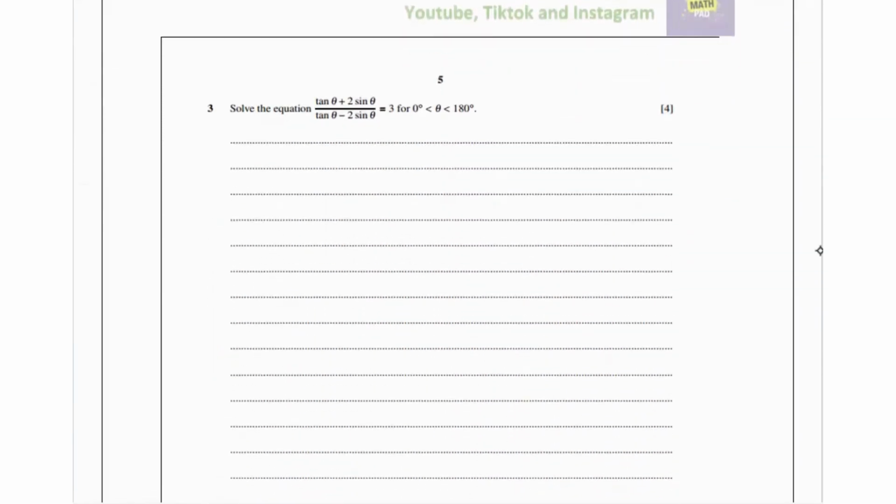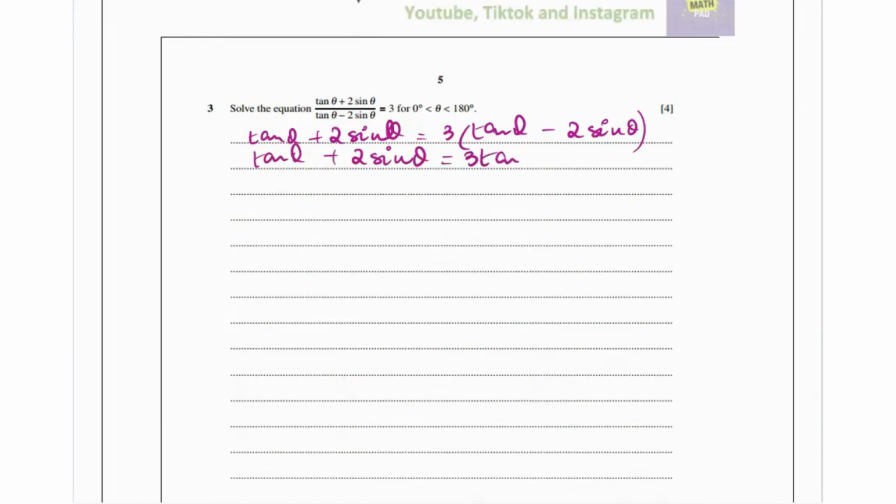Then you have solve the equation tan theta plus 2 sine theta over tan theta minus 2 sine theta equals to 3, where theta is between 0 and 180. Cross multiply first. So tan theta plus 2 sine theta equals to 3 bracket tan theta minus 2 sine theta. Expand the bracket, which is going to be 3 tan theta minus 6 sine theta.